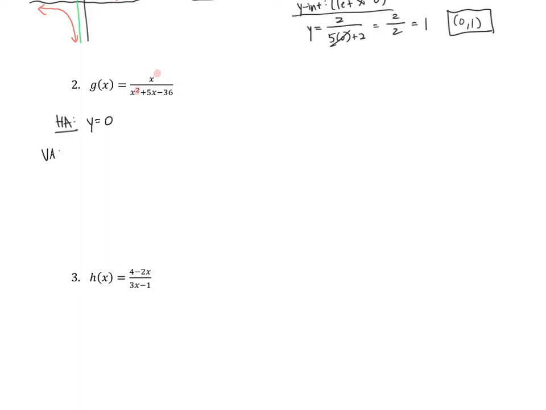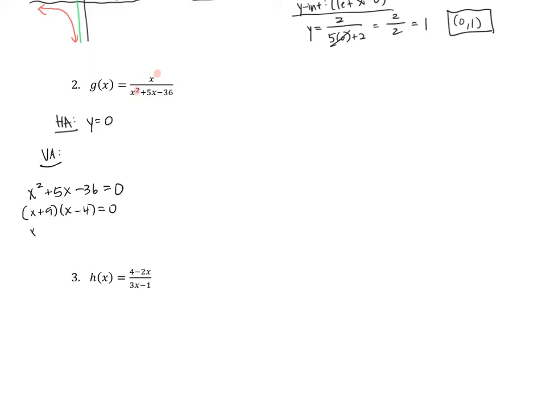To find our vertical asymptote, we are going to figure out what makes the bottom 0. So the work for that is x squared plus 5x minus 36. So we're going to have to figure out what makes that 0. So we can factor that into x plus 9, x minus 4, because 9 times negative 4 is negative 36, and 9 minus 4 is 5.